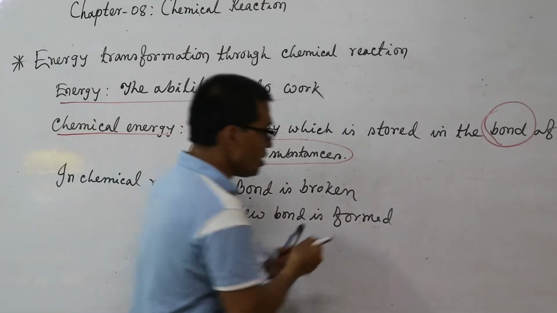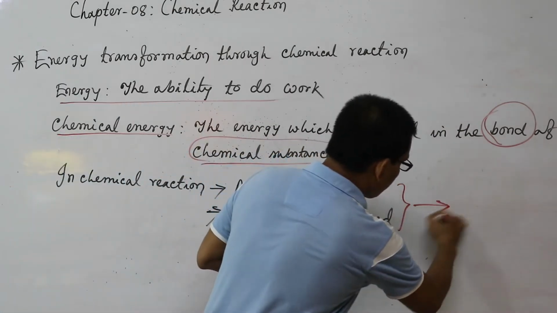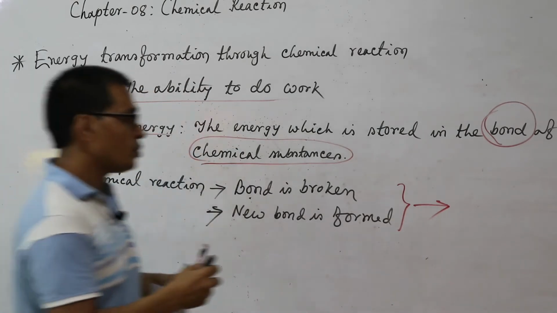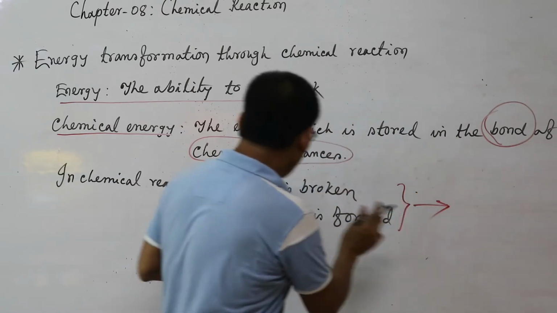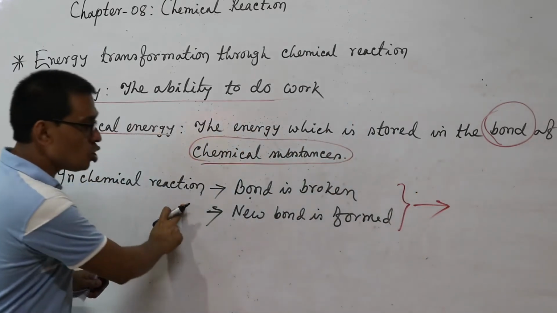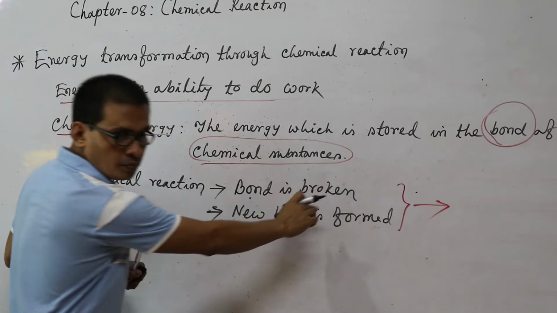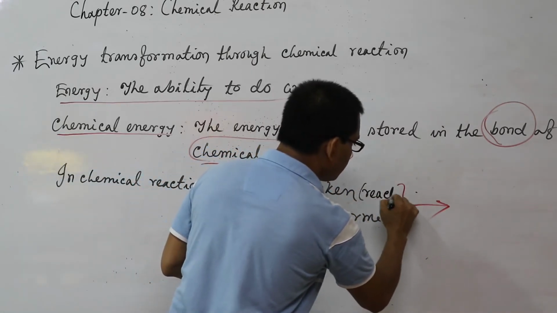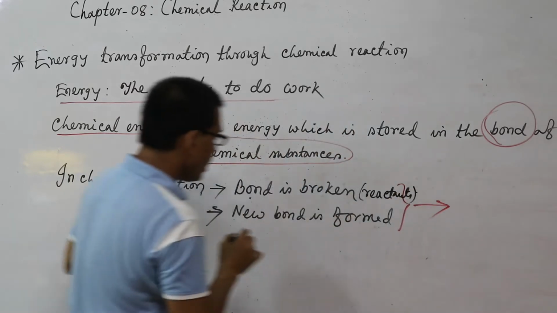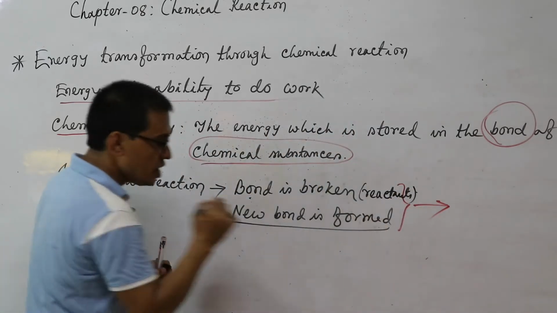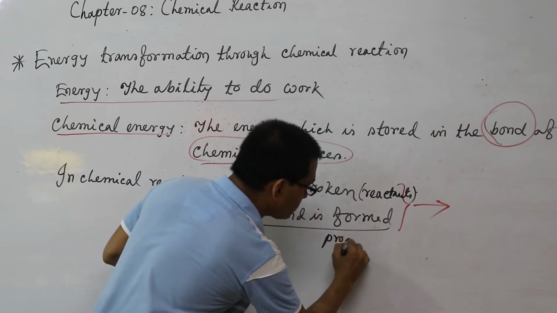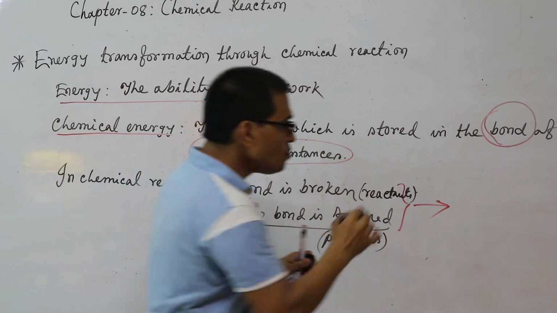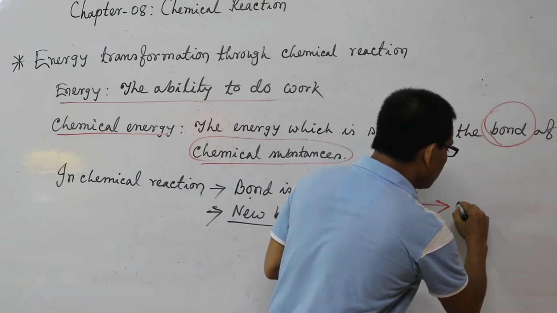At these two times, energy changes occur. Look, in a chemical reaction, bond breaking occurs in the reactant, and new bond formation occurs in the product. At that time the transformation of energy occurs.